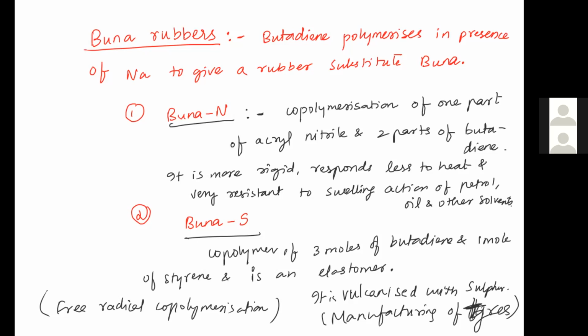Ma'am, we're not done with the chapter though, right? We're not done with the chapter. We have Teflon to understand, with nylon. There are around 20 polymers that I have to give, where we have to understand their monomer units and uses.